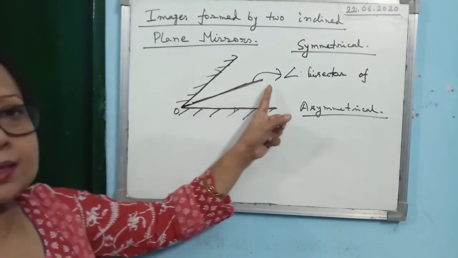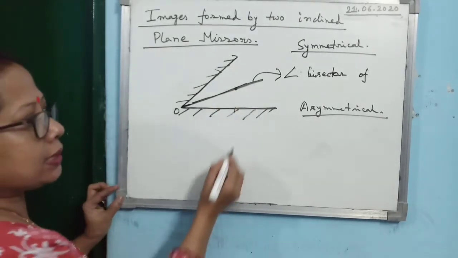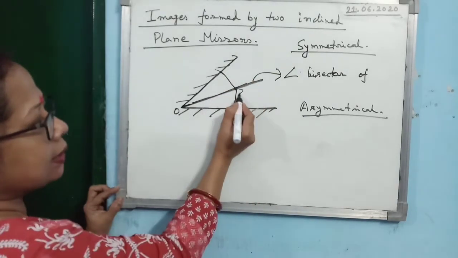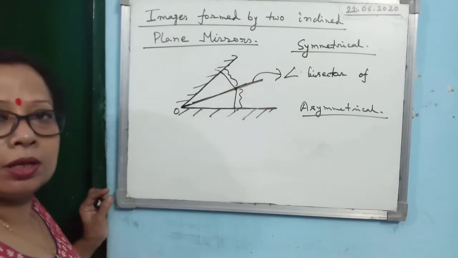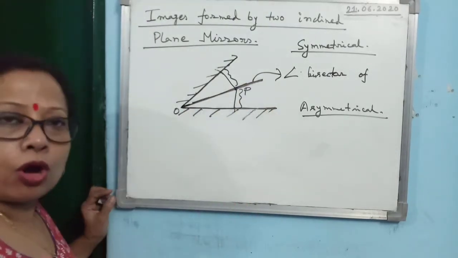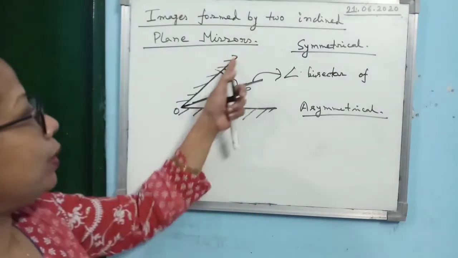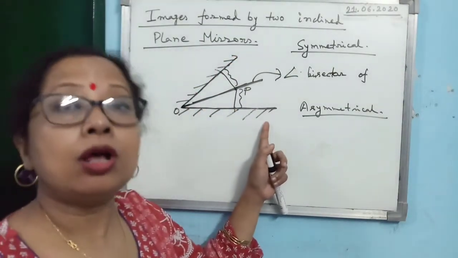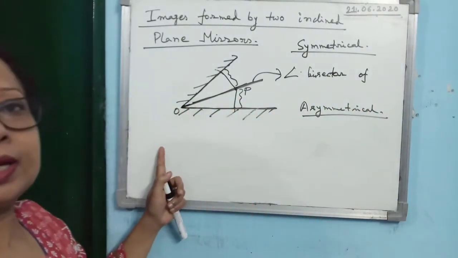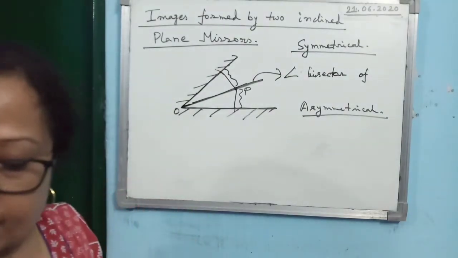Now, if you take a point on the angle bisector, and you drop a perpendicular on both the mirrors, then this length and this length are equal. So, what is the meaning? If the object is kept on the angle bisector of the angle of inclination of the two mirrors, then the setup is known as symmetrical setup.